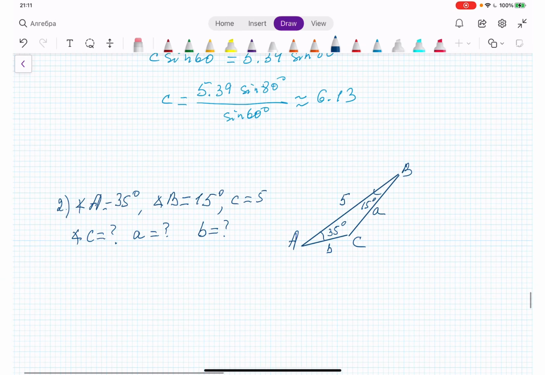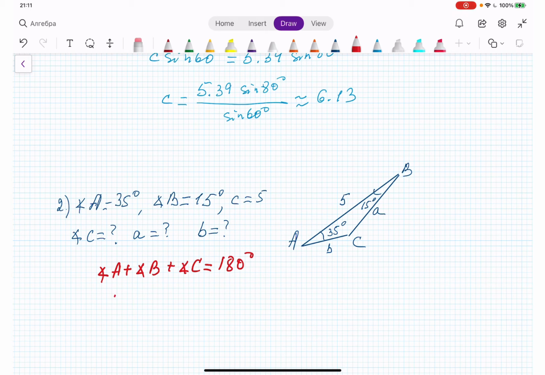Okay, so first of all, let's find angle C, right? We know that the sum of all angles in the triangle, it doesn't matter what type of triangle it is, is equal to 180 degrees.